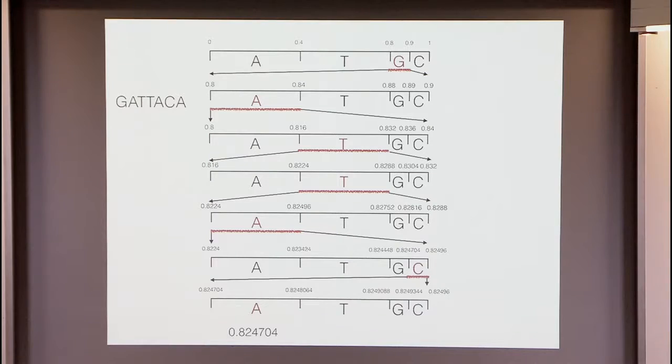We're at the, might as well represent the beginning of this interval. The last letter is the A, so 0.824704 stores this message. Well, the neat thing is now we've got a uniquely decodable number that represents our string.